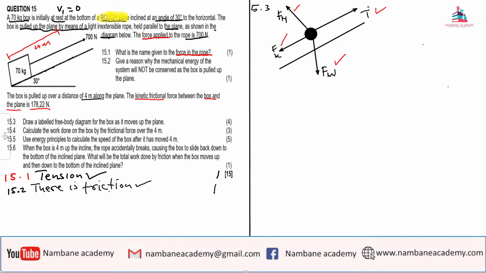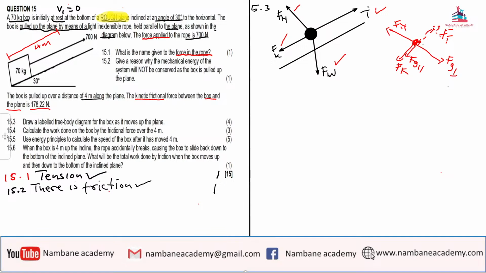What is the catch? The catch is we are on an inclined plane. So I am going to draw another free body diagram and have Ft for tension, have frictional force, have Fg perpendicular, have F normal, and have another one which is Fg parallel.